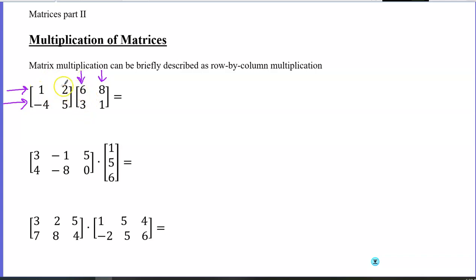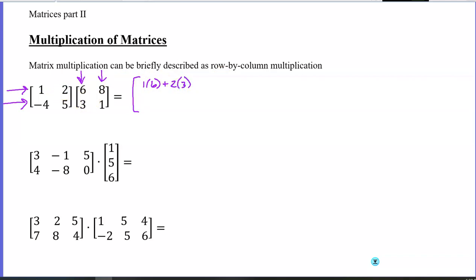The way I do this is I start with the first element. I'm going to multiply the elements in row 1 by the elements in column 1, and then take row 1 times column 2, and so on. So in my first position, I'm going to take 1 times 6, and then add to that 2 times 3.